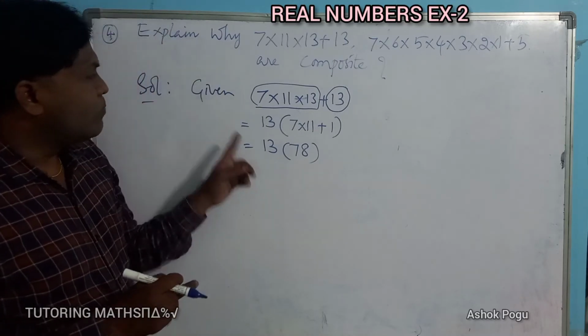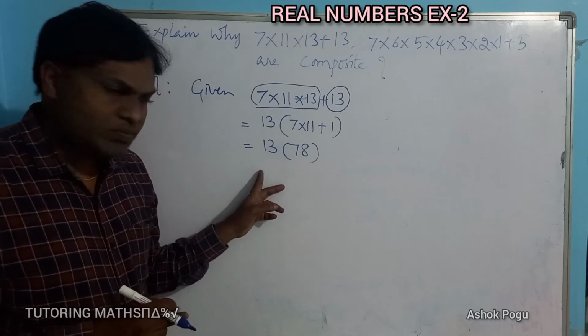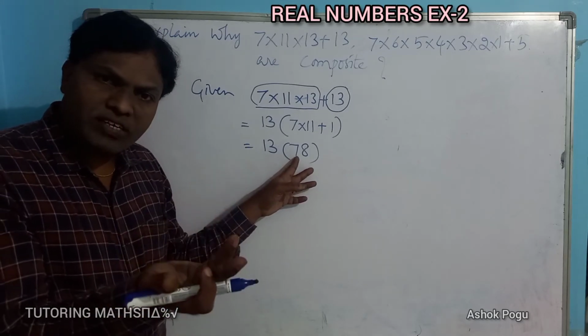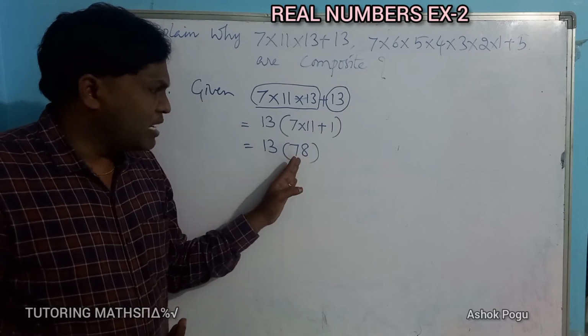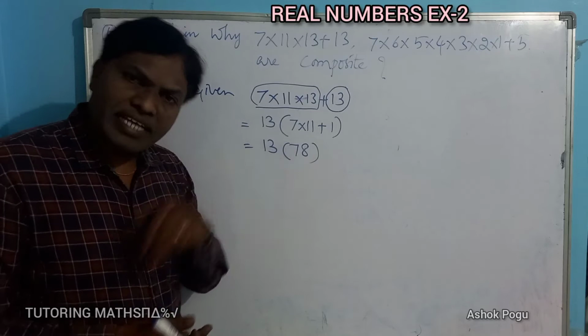Now you can say that this product is written as 13 into 78. Now the factors of 78: what are the factors of 78? 78 can be written as 13 sixes are 78, 2 thirty-nines are 78.